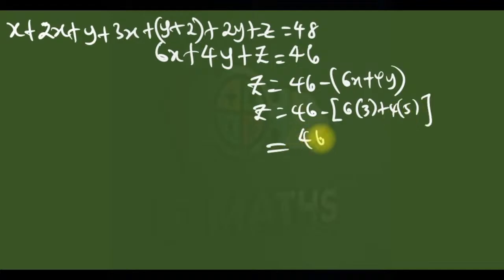So this is 46 minus (18 plus 20), which is 46 minus 38. So the answer is 8. So z is 8.